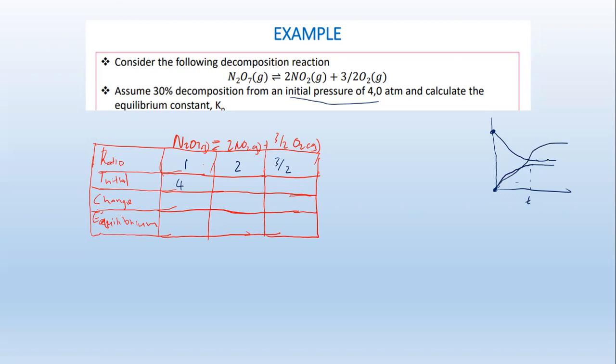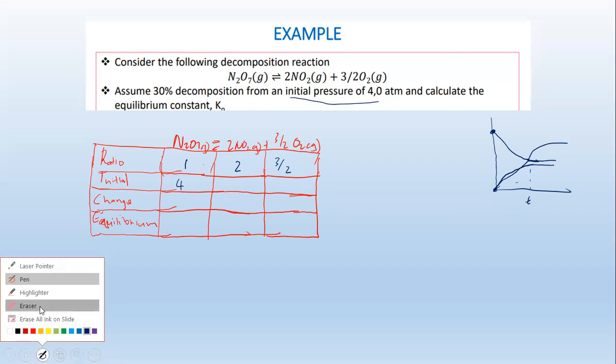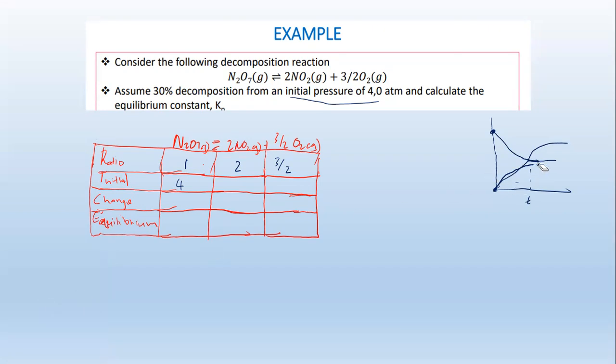Let me erase this not to confuse you, but you will see these graphs. We're going to discuss them later on. So let's say there is a time whereby the reactants and the products reach equilibrium. So now, here's the thing.